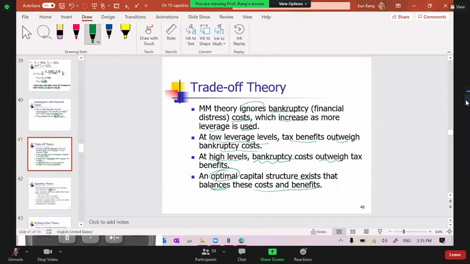It is not just high debt or low debt. It is where the marginal cost and marginal benefit are equal, the famous economic condition. Marginal benefit equals marginal cost. That is where the value of the company is maximized, and that is optimal debt. That is more sensible, right, than the Modigliani-Miller conclusion.